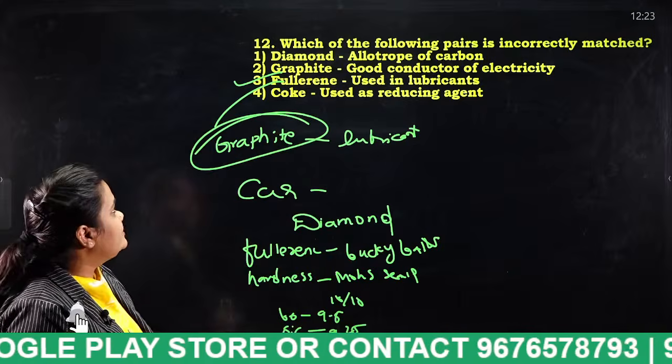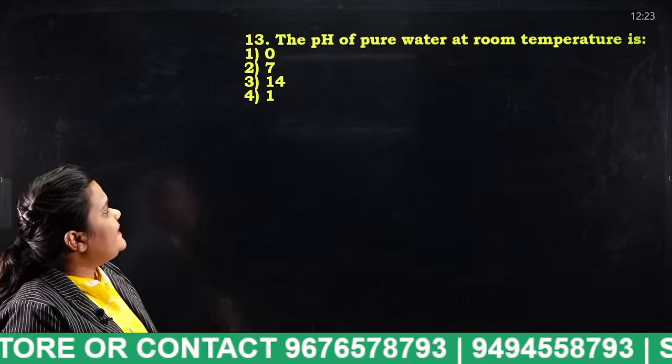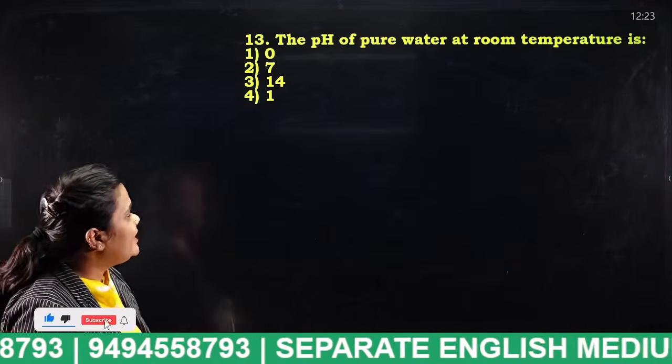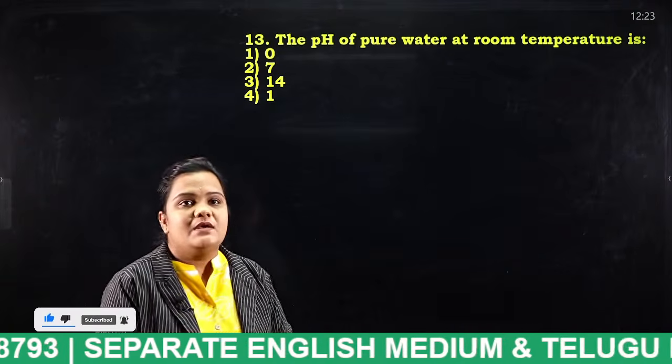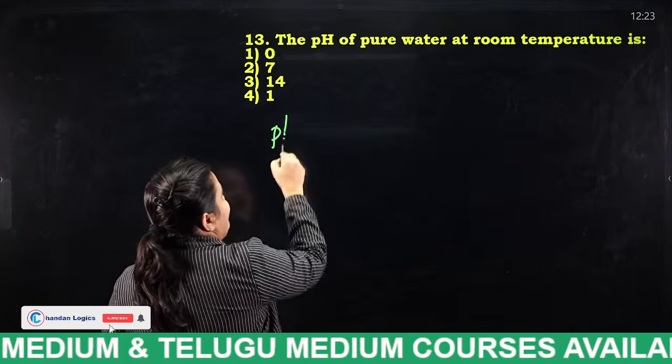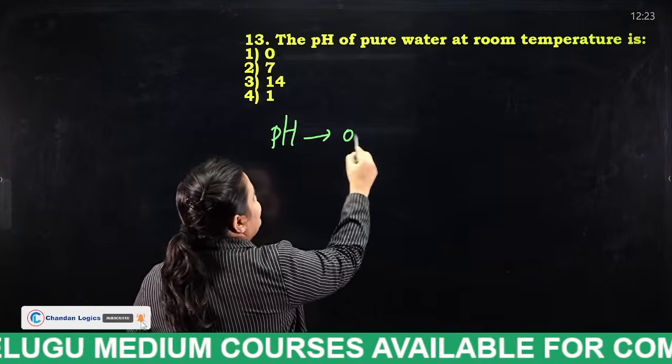Next question. The pH of pure water at room temperature is 0, 7, 14, or 1? So tell me, students, as I discussed many times, the pH value ranges between 0 to 14.